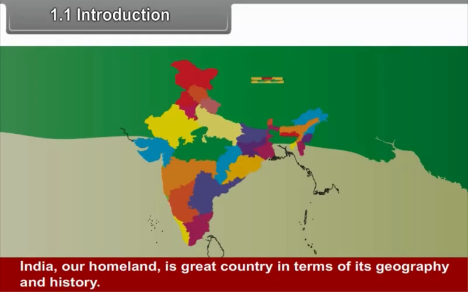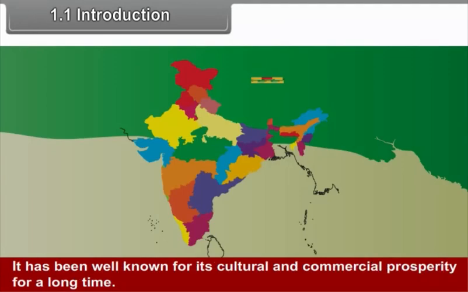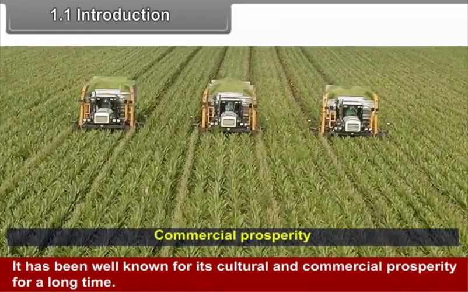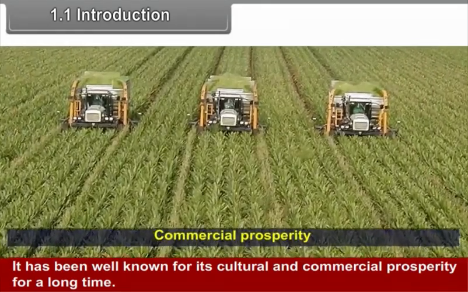1.1 Introduction. India, our homeland, is a great country in terms of its geography and history. It has been well known for its cultural and commercial prosperity for a long time.